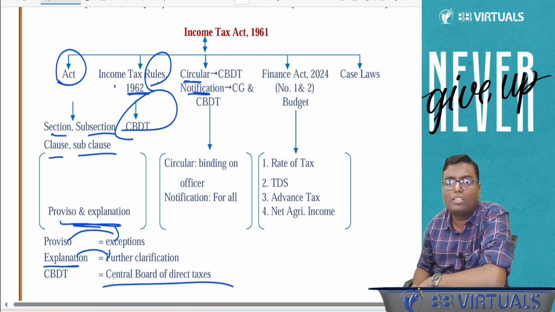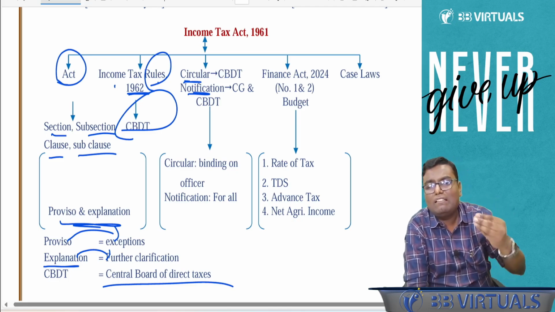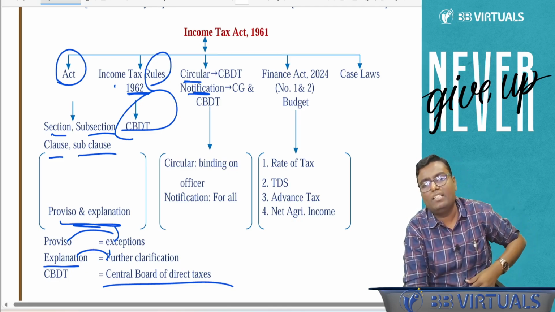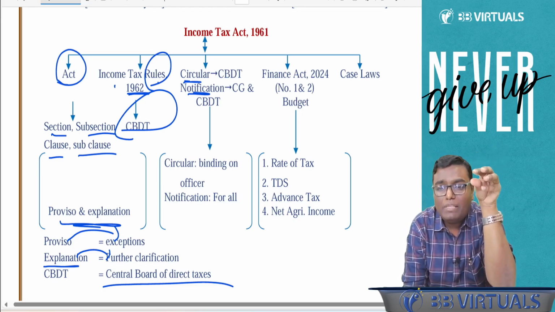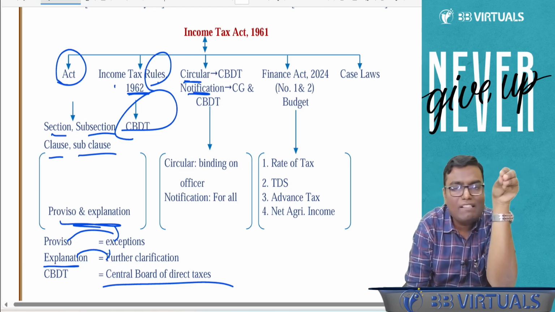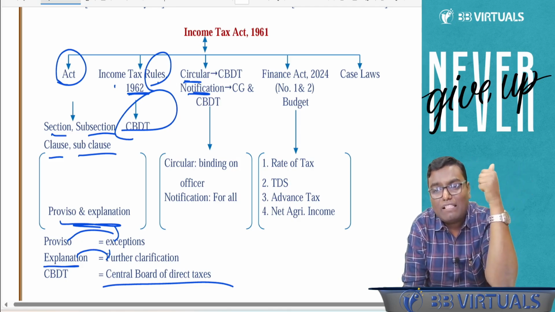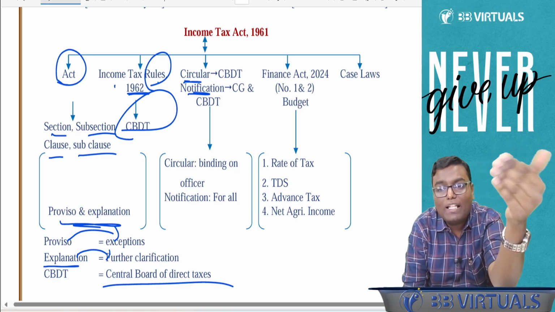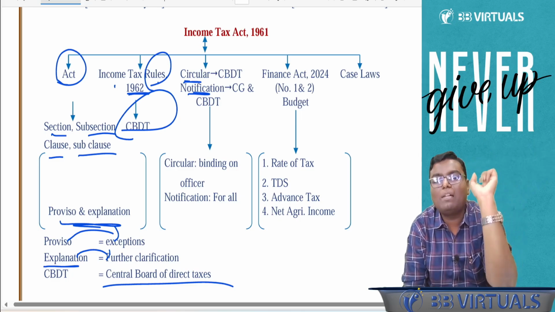Now what is a circular? I just asked you, who manages income tax in our entire country? CBDT. Now can I say CBDT must be having their employees called income tax officers in each and every city, in each and every area. What if CBDT wants to give some kind of instructions to their officers, that please work in this manner, please work in that manner?